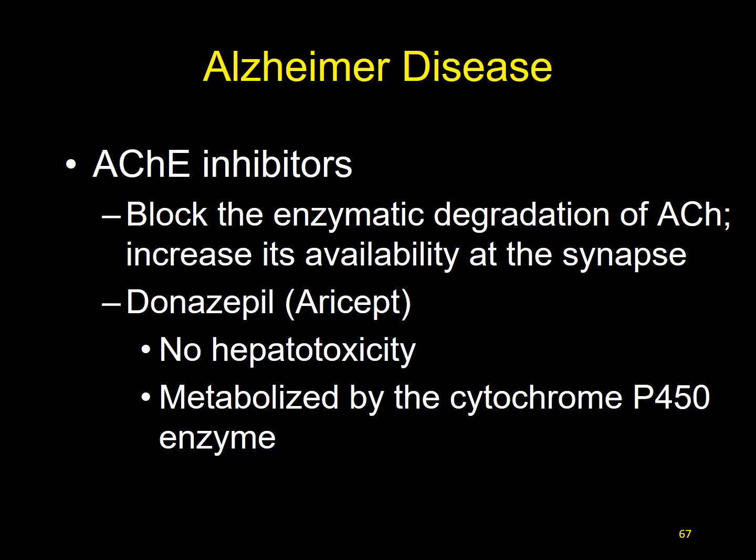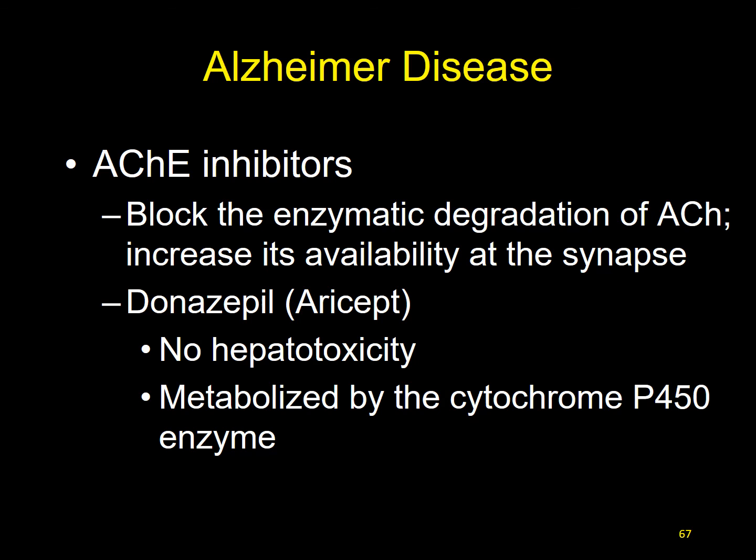Another thing, your slide doesn't say it, but these can be taken once a day. And in Alzheimer's disease, that's huge, because remember, with Alzheimer's, the big problem is you have memory issues. So remembering to take something once a day is usually as good as you can push it. I remember the very first drug in this class that was released for Alzheimer's disease. This was years ago, and it didn't last very long.